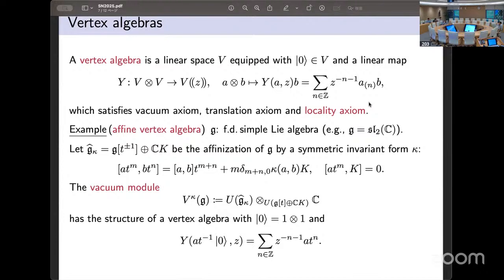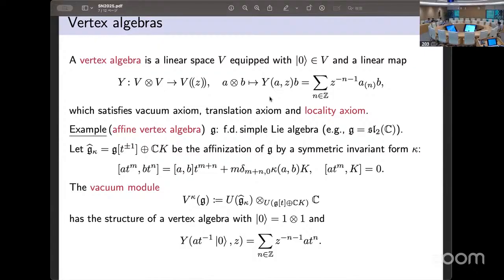I'm very confused. A and B are elements of the vector space, and the product is defined, but I don't know if this is the product algebra or not. Also, there is some element A_n with some coefficient.